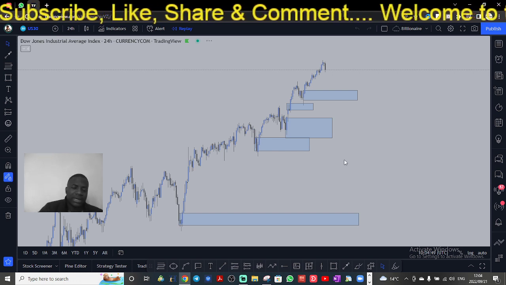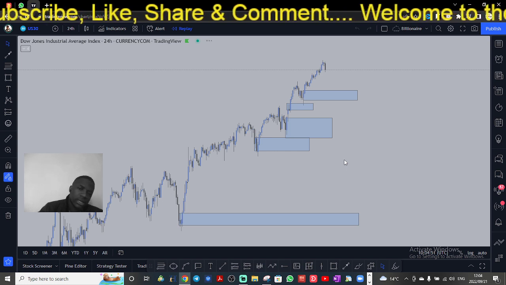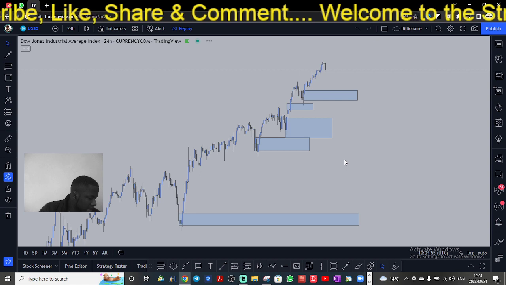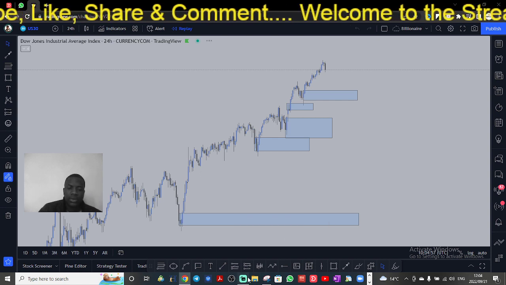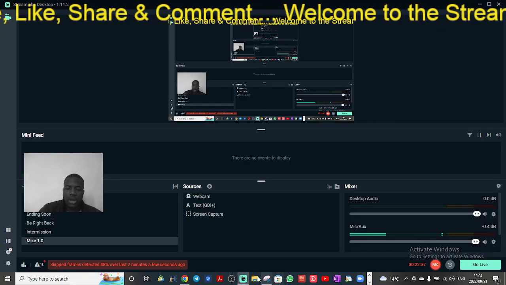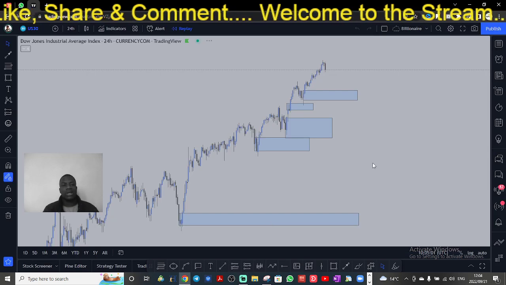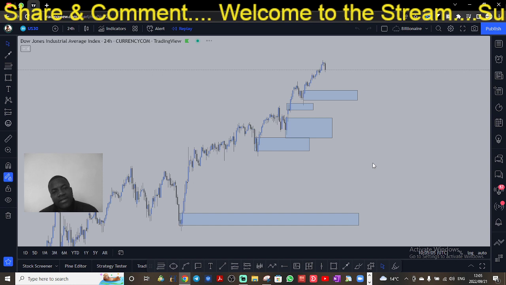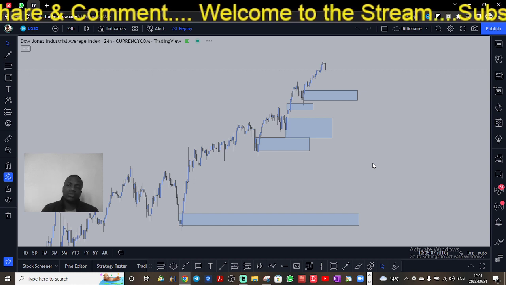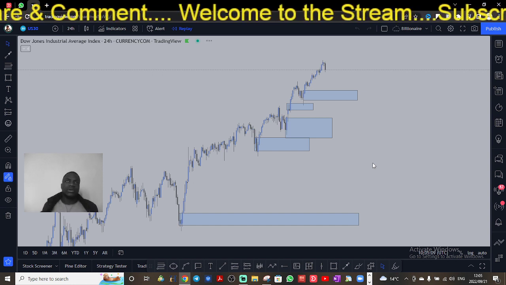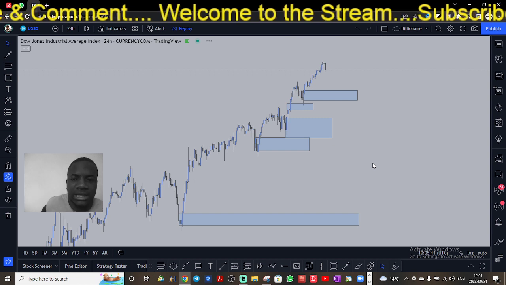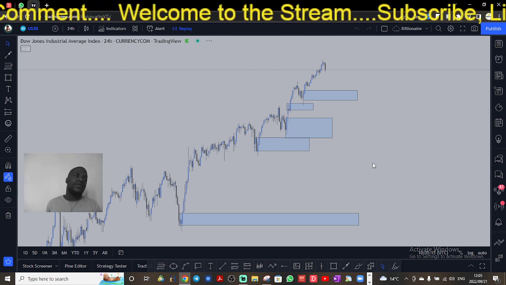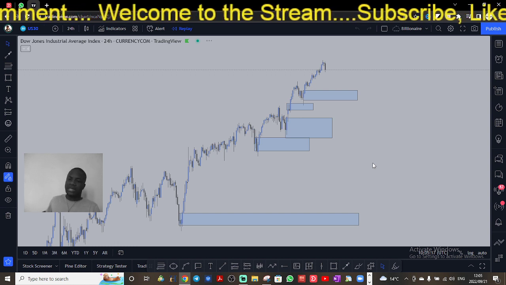So supply and demand, guys, it works so much. What you simply need to do is make sure that you know the market structure, which is very key. As we move on to later episodes of this smart money concept series, you'll realize that knowing market structure is the fundamental basic knowledge you need.